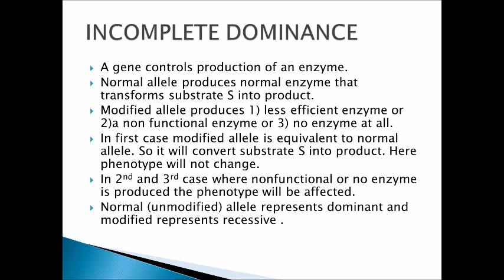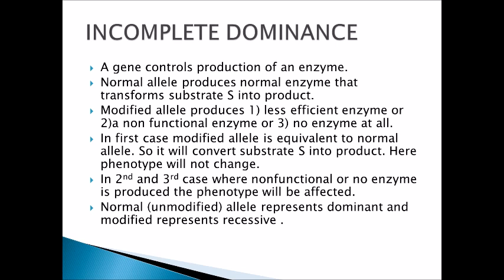But if the allele is modified, there are three different cases. The first is that the allele is modified in such a way that it produces a less efficient enzyme, or it may be modified in a way where a non-functional enzyme is produced, or no enzyme is produced at all by the allele.